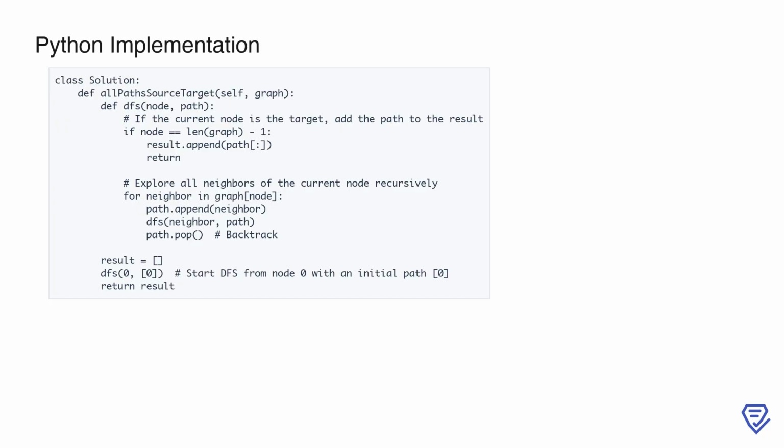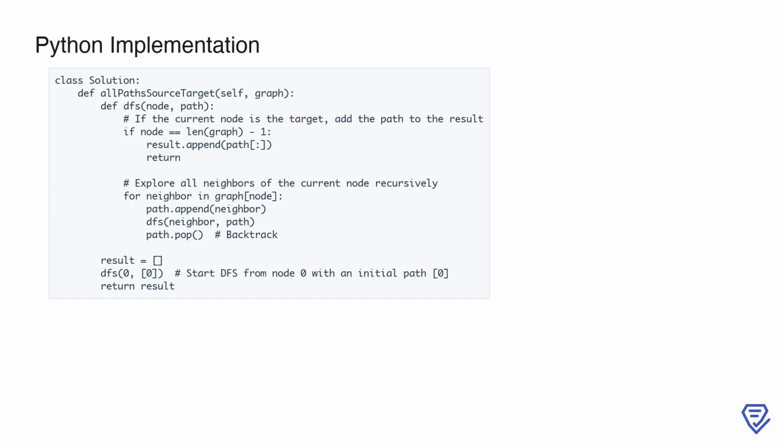The base case for the recursion is when the node is the target node, which is the last node in the graph, len(graph) - 1. When this condition is met, the current path is added to the result list. The path[:] syntax ensures a copy of the path is stored to avoid mutation issues. For each node, we iterate through its neighbors. A neighbor is appended to the path, and the dfs function is called recursively for the neighbor.